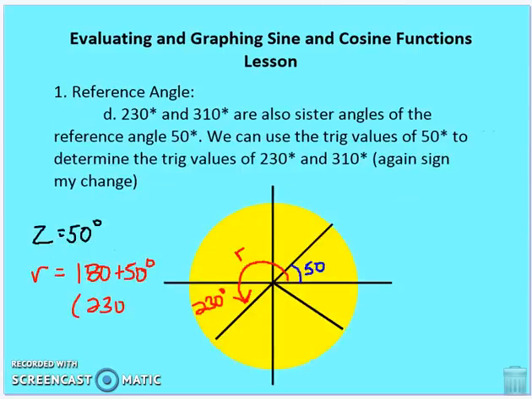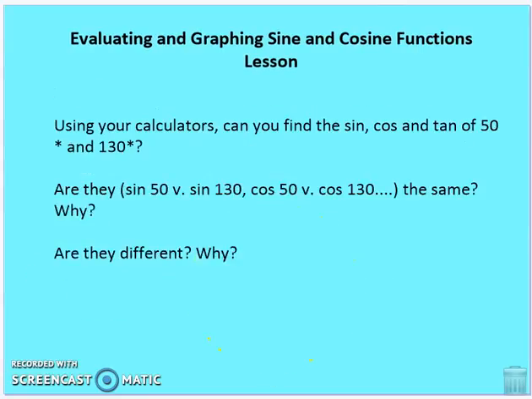What you should find is that the sine of 50 and the sine of 130 are the same. The cosine of 50 and the cosine of 130 are the same in value but different in sign. So when you evaluate using a reference angle, you can take the value for 50 degrees and then apply a negative sign to it to come up with a value for 130 degrees.